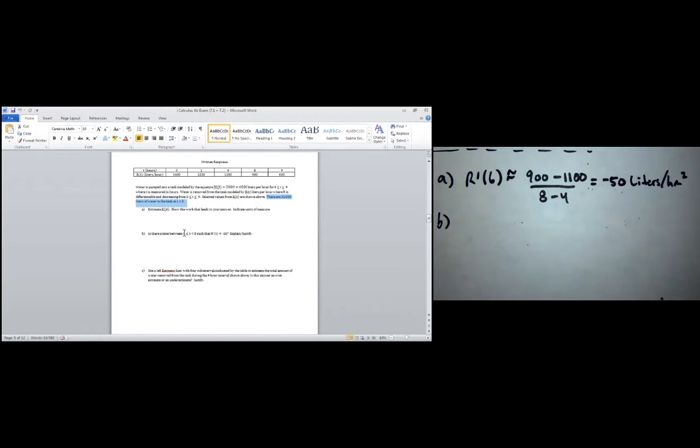So over 4 to 8, is there a time such that the derivative slope has to be equal to negative 50? So what did we find in part A? Just regular slope, right? So the regular slope in part A was negative 50.